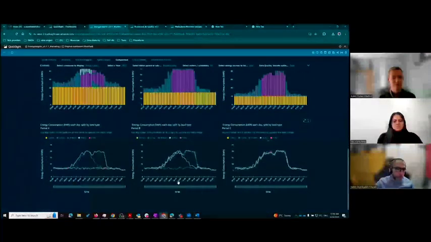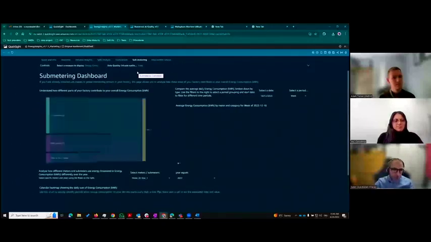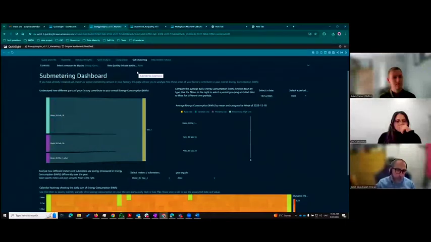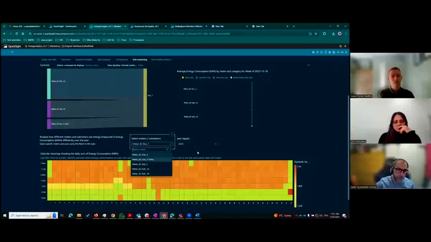For different periods of time, we can look at the days of the week, how our energy consumption looks on weekdays. We also show how much energy is coming from where, for example from submeters and different sites. We also have a heat map to show the energy consumption by choosing the different meters, and how it looks in a week.